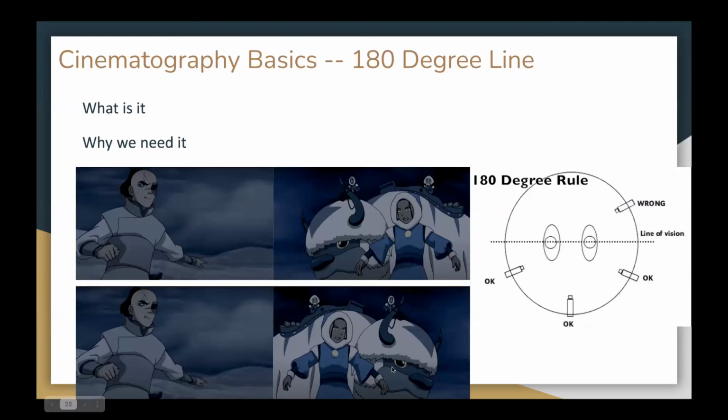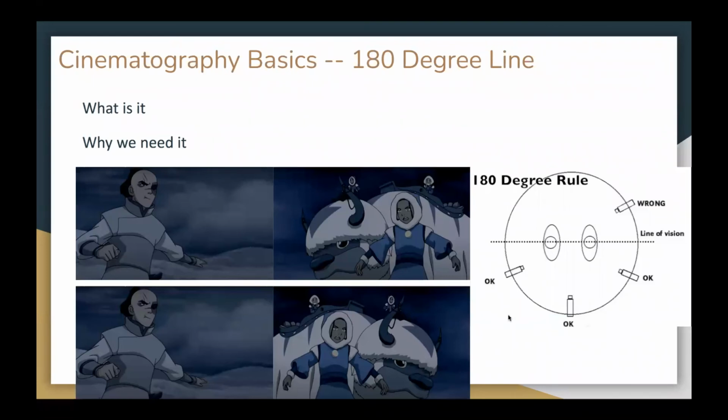Well, now who's he talking to? Who's she talking to? You don't know. They're not looking at each other, even though in the script it says they're talking to each other. By not following this 180-degree rule, all of a sudden they're not talking to each other. So you have to keep this rule in mind.